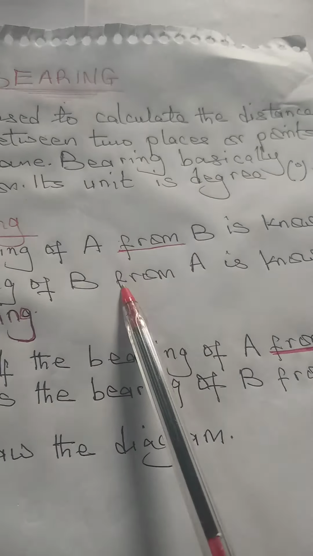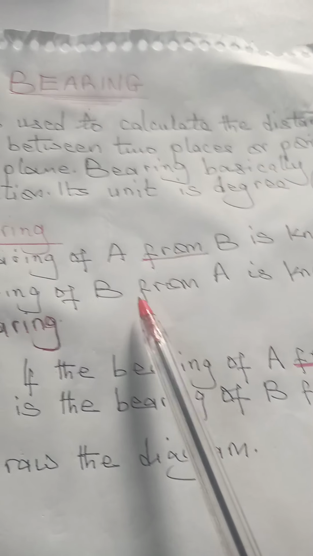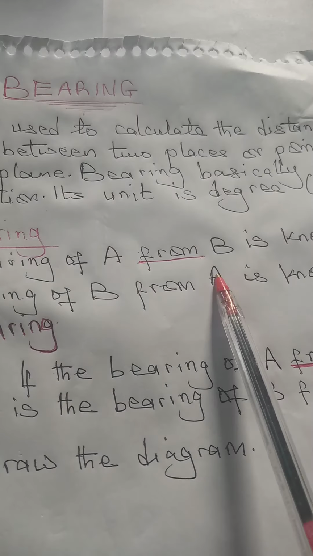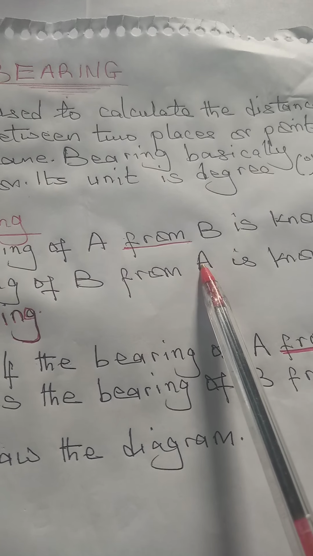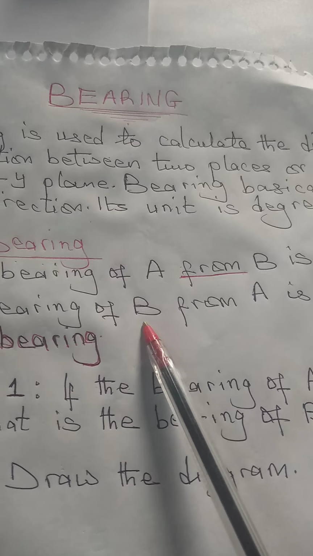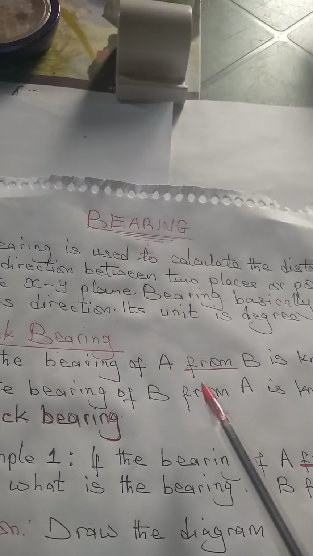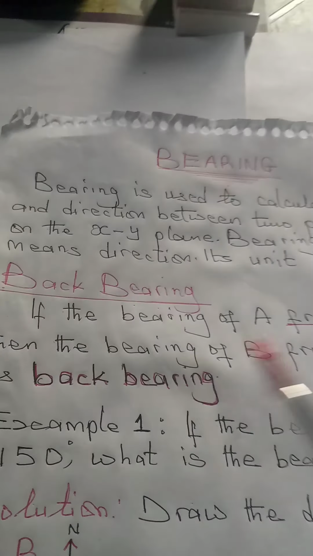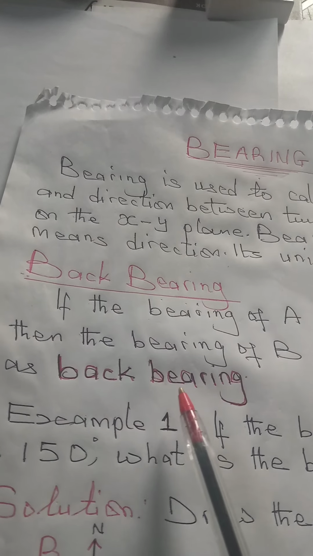Then in this second case, we also have the bearing of B from A. From A, meaning that your point A becomes the starting point in this case, while B is the destination point.